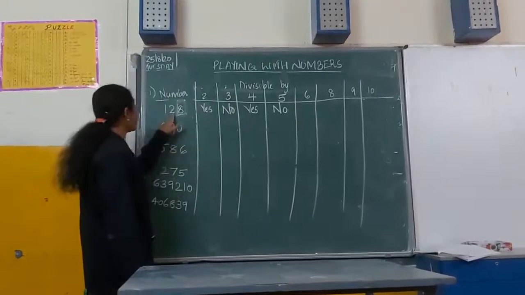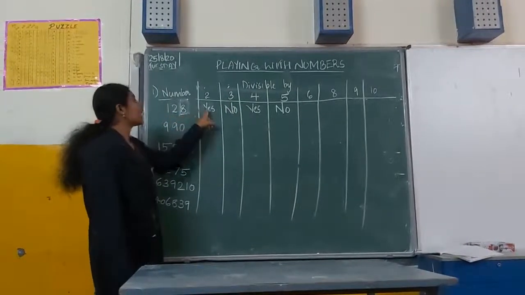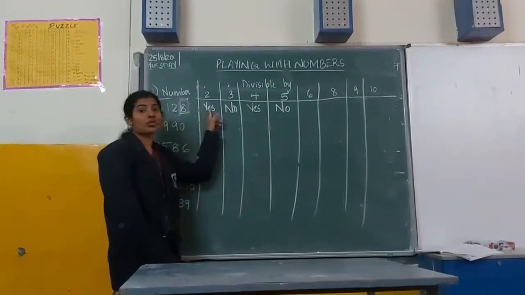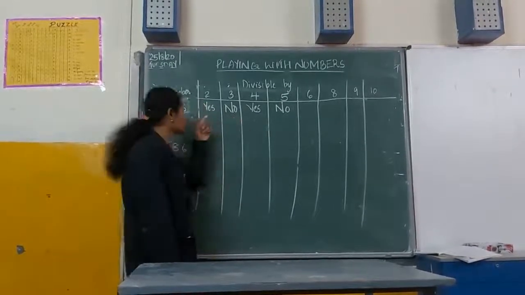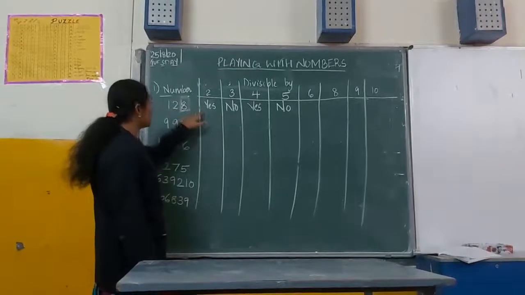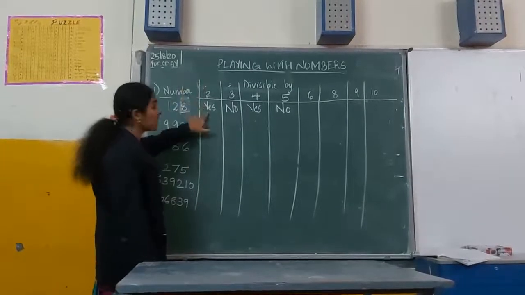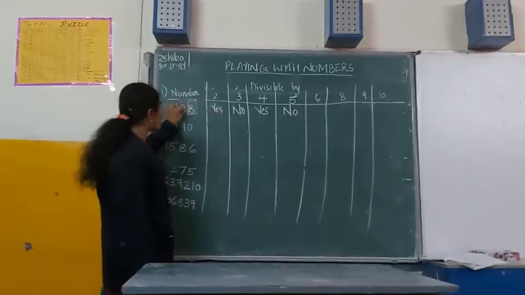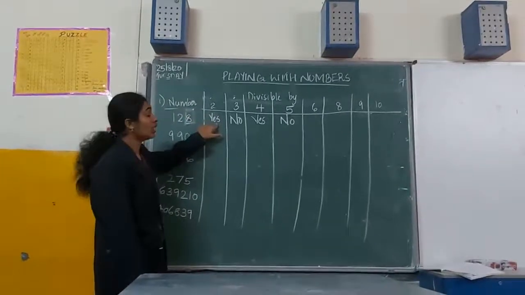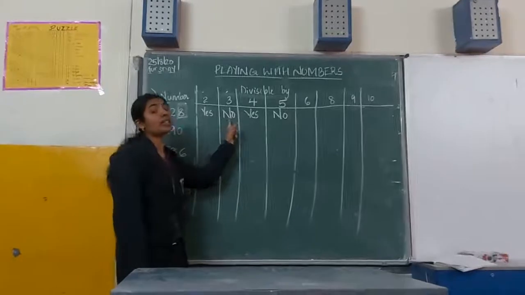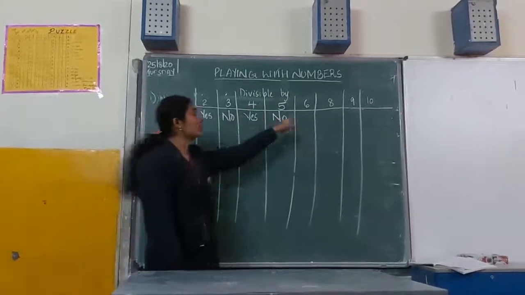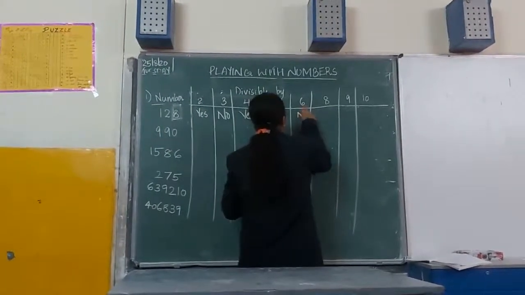See here, 128 is divisible by 2, but it is not divisible by 3, isn't it? We are writing yes here, which means this number is divisible by 2. Here you see, no means this number is not divisible by 3. So the rule is not satisfying. So we can say no.